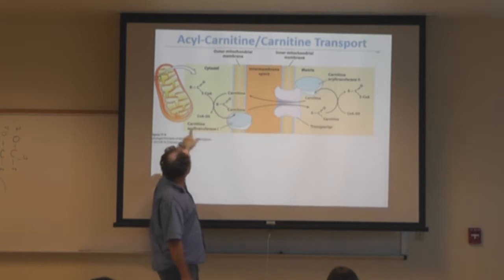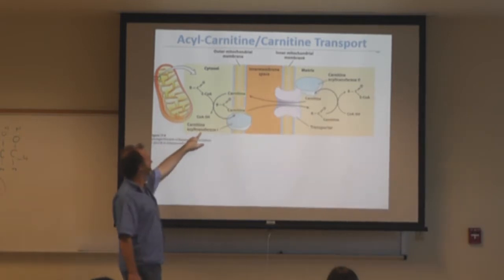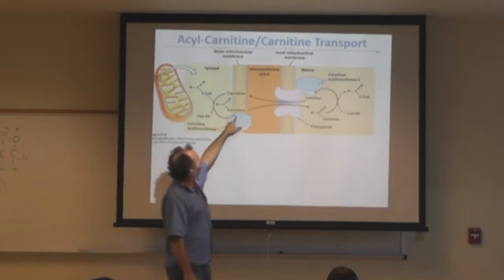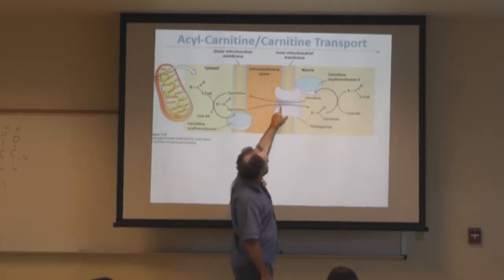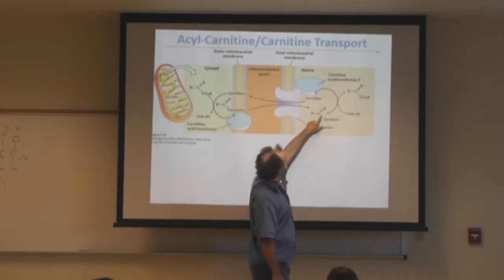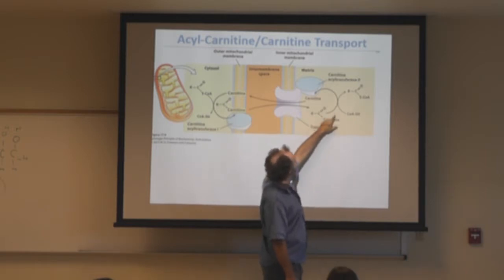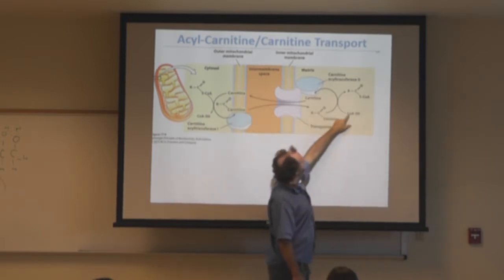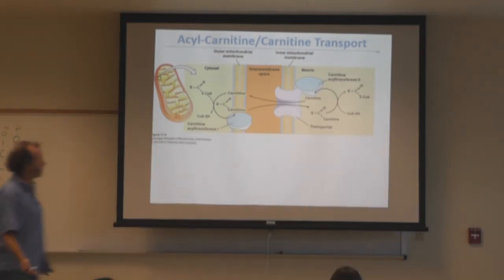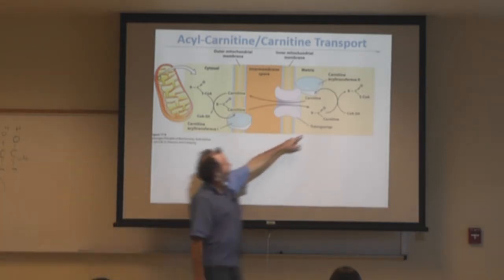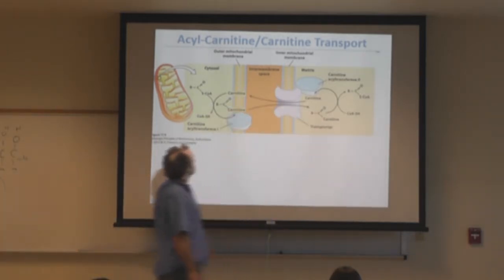It'll be transported by carnitine acyltransferase 1 through the intermembrane space to another transporter, where we take off the carnitine, which goes back and forms coenzyme A again in the matrix of the mitochondria. So that's carnitine acyltransferase 2 that removes the carnitine and sends it back the other way.